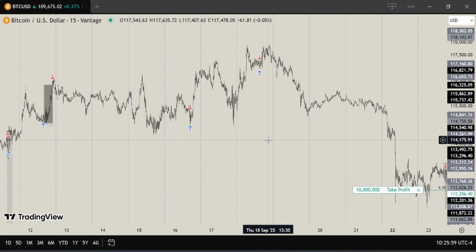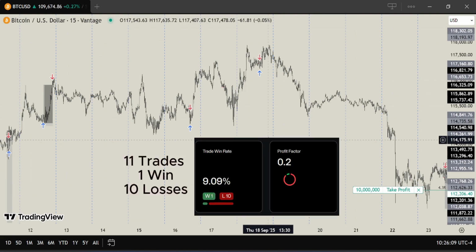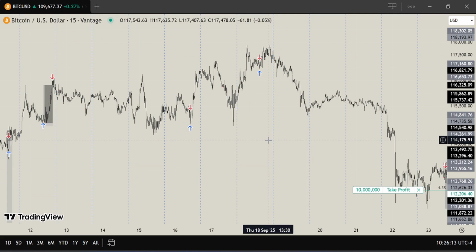I can't remember exactly, I'll put it on the screen too. But I've taken 10 trades with only one win. So that one win covered like 3.5 losses, right? So that would leave me at minus 6.5R if I'm not wrong.